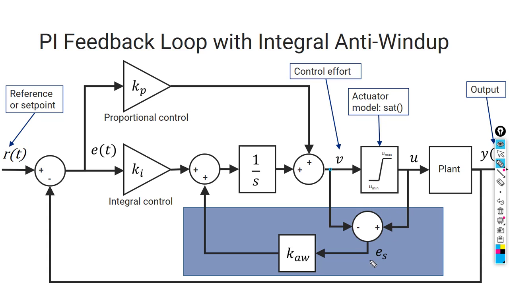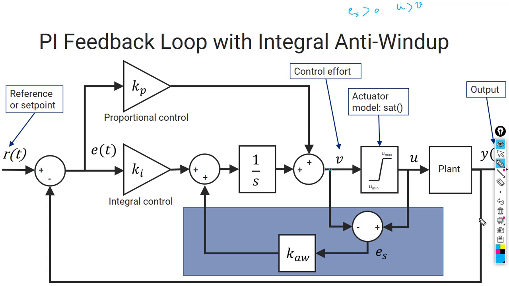I look at the signal here. I call it E_S, like saturation error. If the saturation error is positive, that means U is bigger than V. But usually this doesn't happen.